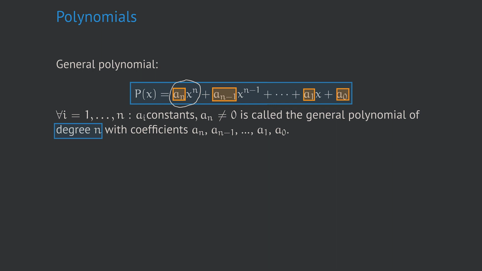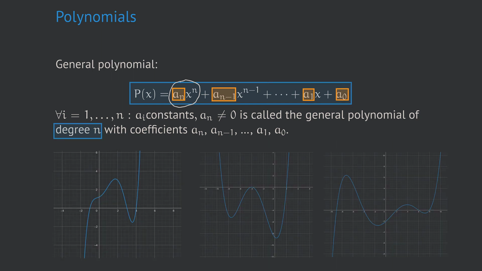Here I have printed 3 examples of graphs for general polynomials, which show that they typically look very different depending on the degree and the specific values of the coefficients. However, the graphs of polynomials also have something in common. They are smooth curves which typically cross or touch the x-axis multiple times.